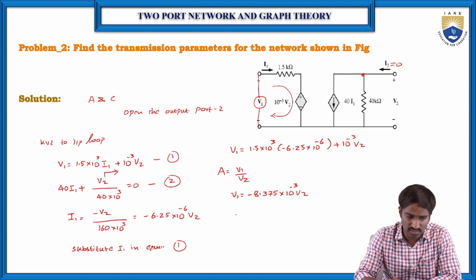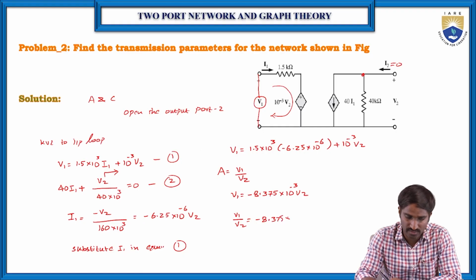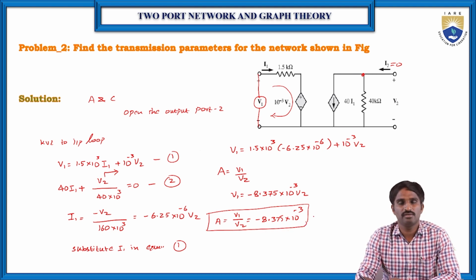Then from this we can find V1 by V2, which is equal to minus 8.375 into 10 to the power of minus 3, which is A. So this is the way we can find the value of A.